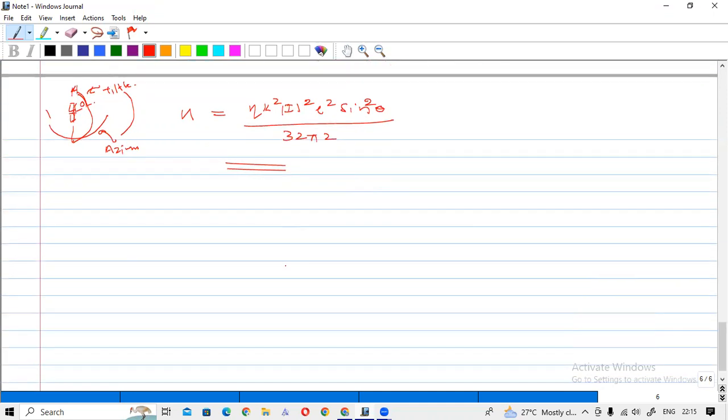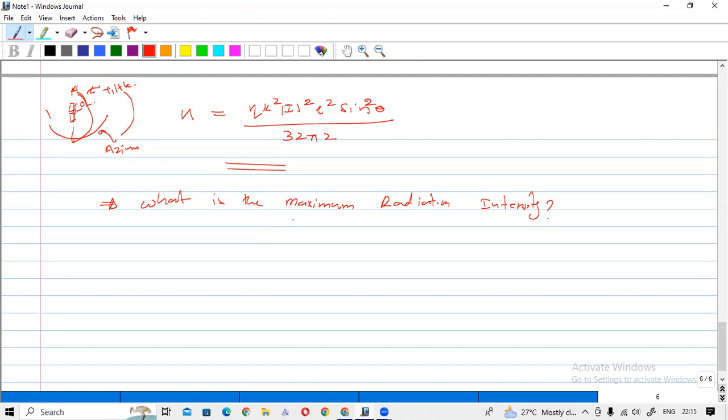Now if I ask you to find the maximum radiation intensity, try to find the answer for this by yourself first. Pause the video and try to answer the question. It is very easy, you can find it.